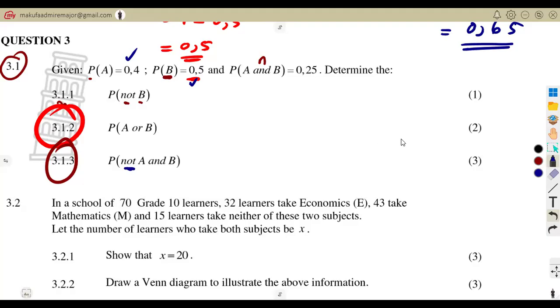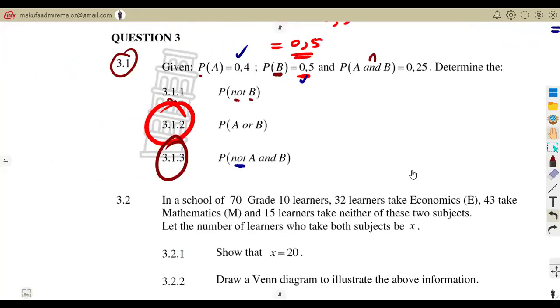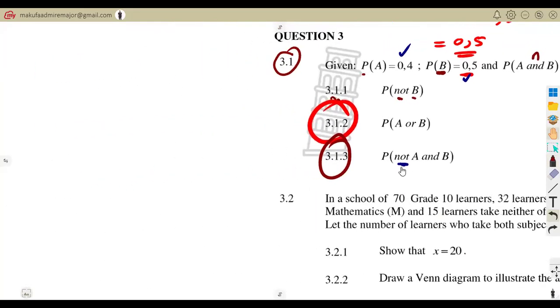If they want to say not A or B, not A and B, like many of us were asking in the previous exam questions that we had on probability. There are two ways. Please understand this because these questions are going to be asked and they want you to be confused here.